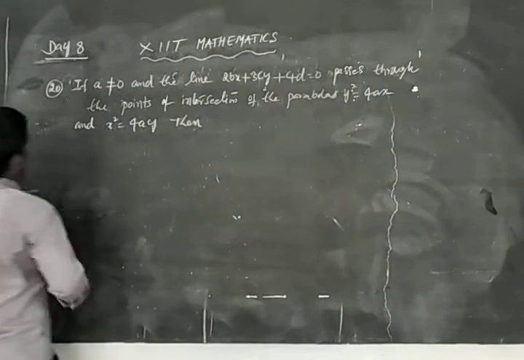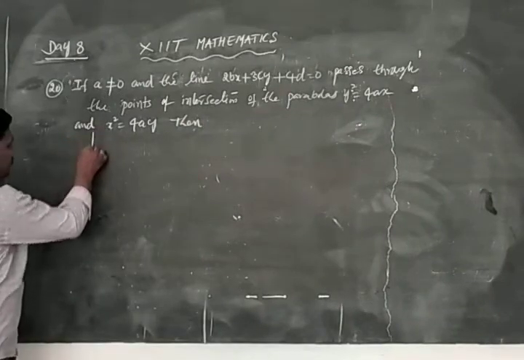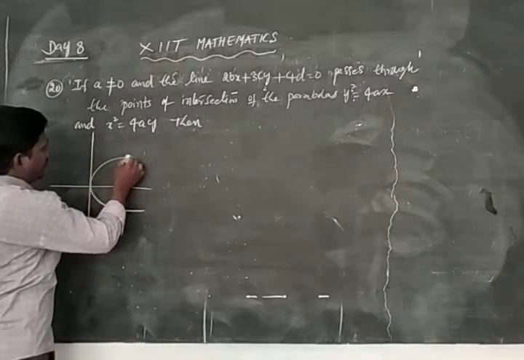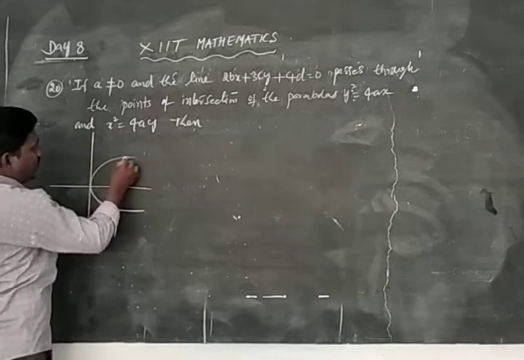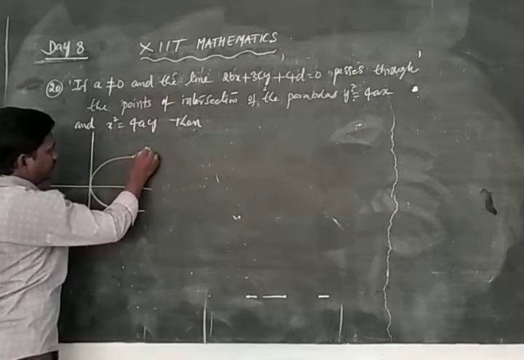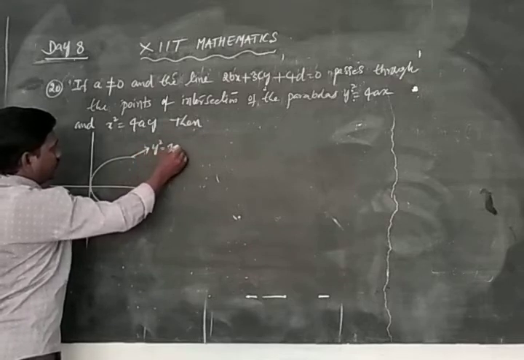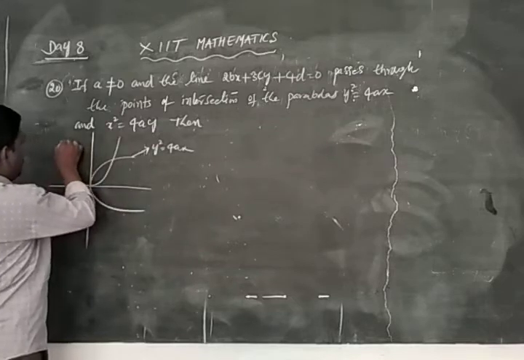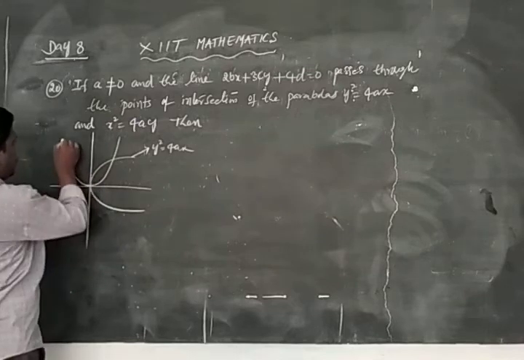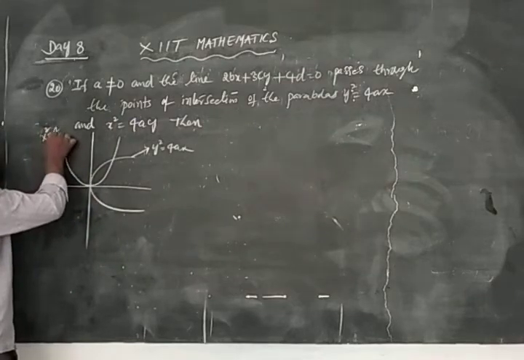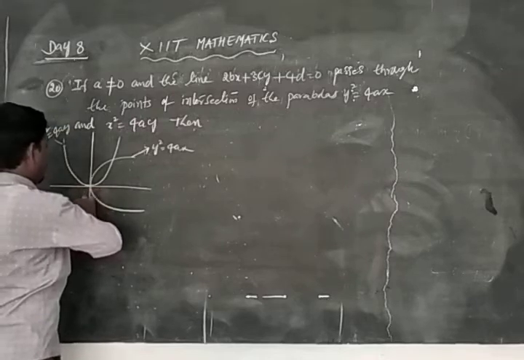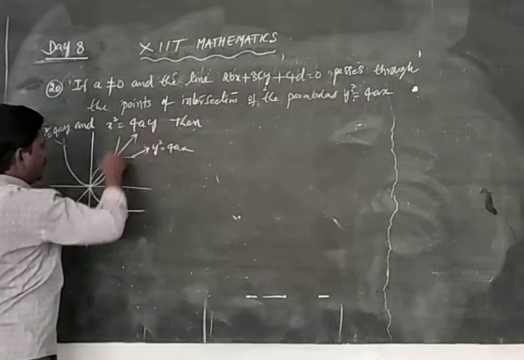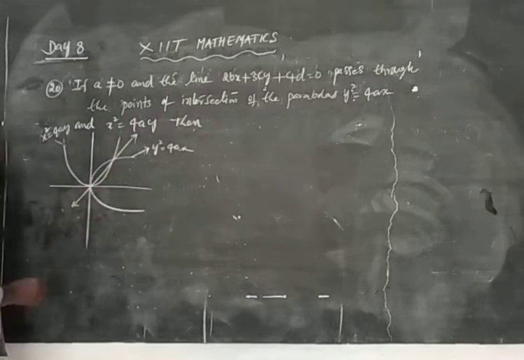Then now take the diagram. This is the diagram of y square is equal to 4ax and this is x square is equal to 4ay, and this is the point, this is the line of intersection.